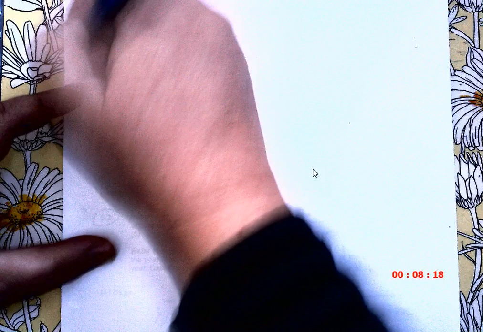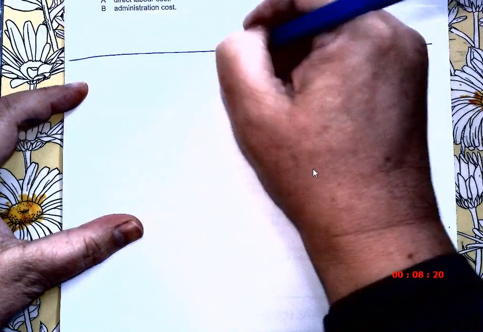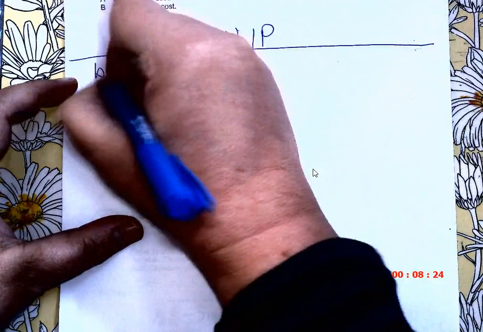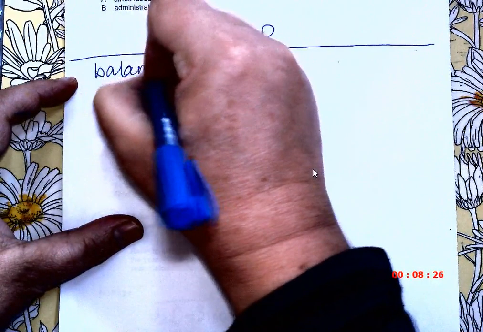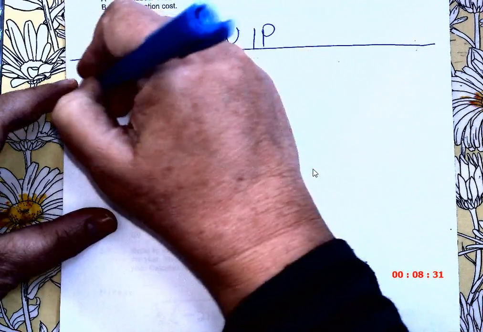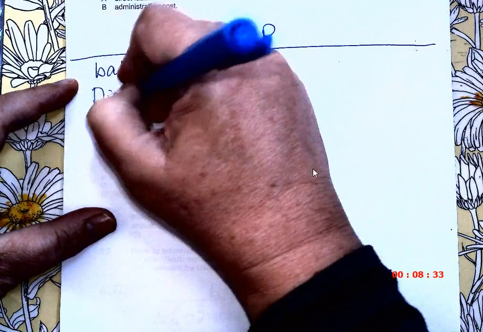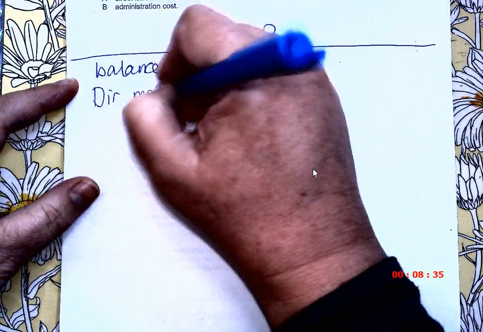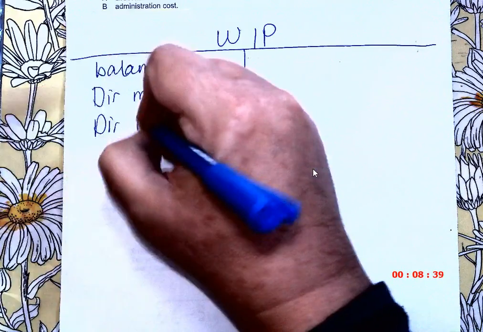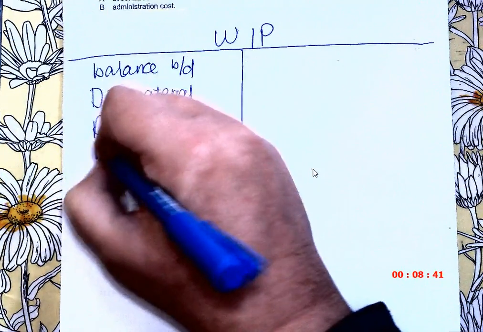Okay, work in progress. I have an opening balance. I have direct material, or what's the other word? Raw material. I've got direct labor. I've got factory overheads.